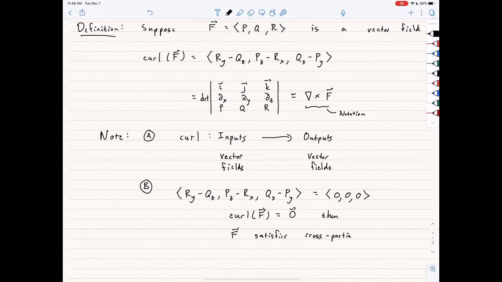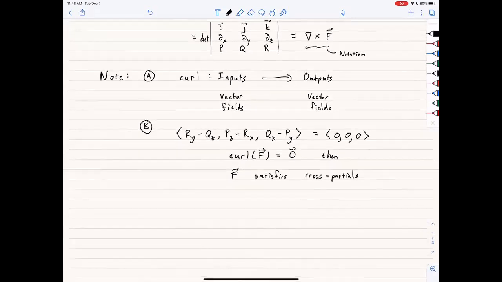And so this gentleman gave different words for this test. One collection of vector fields that we know satisfy the cross partial test are conservative vector fields. So this is true if and only if, and not just then, if and only if. Sorry, do you guys know that? If and only if.